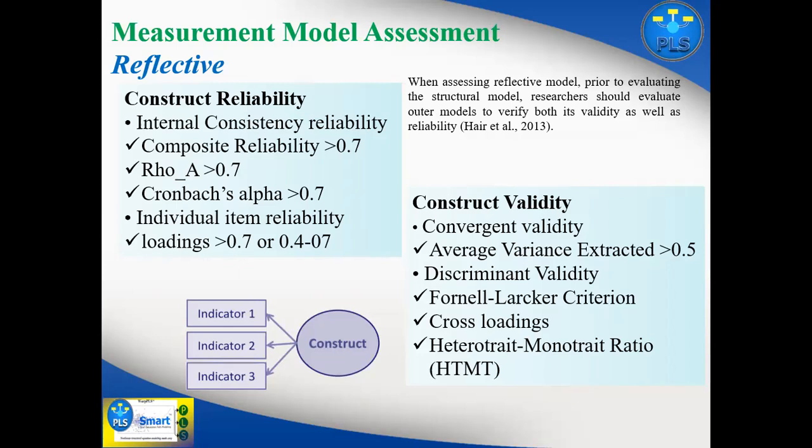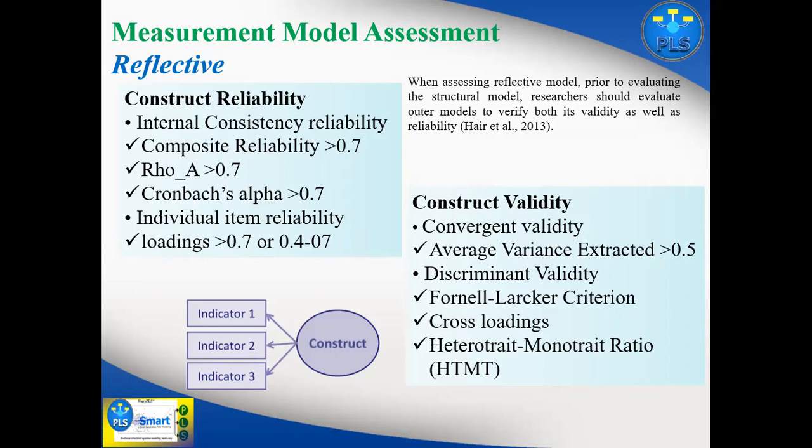So researchers argued that we should no longer rely on Cronbach's alpha because it undermines reliability. Let me finish, then I'll tell you what happened. This Cronbach's alpha should be greater than 0.7.